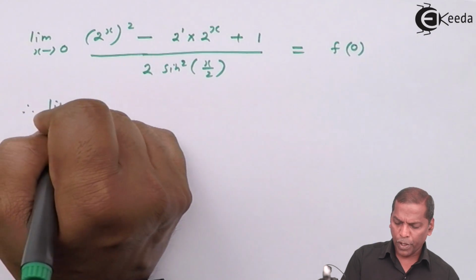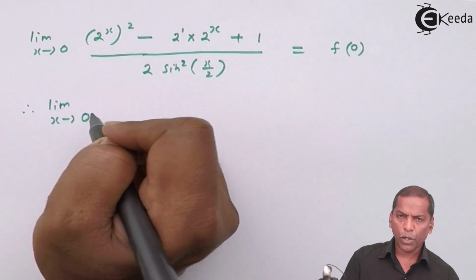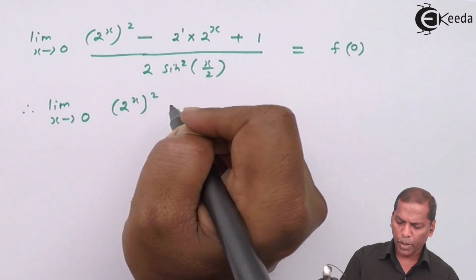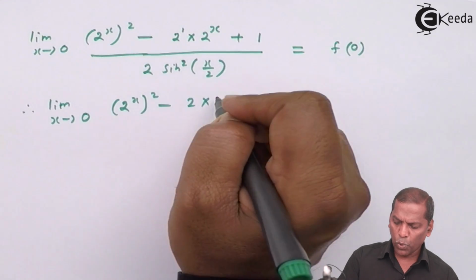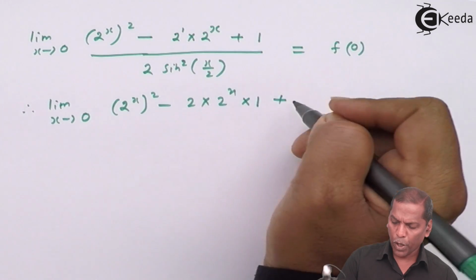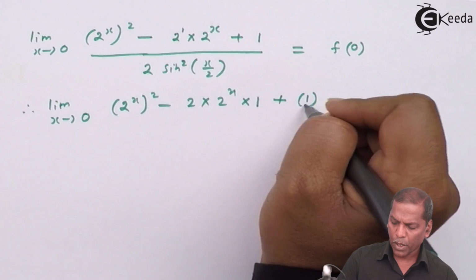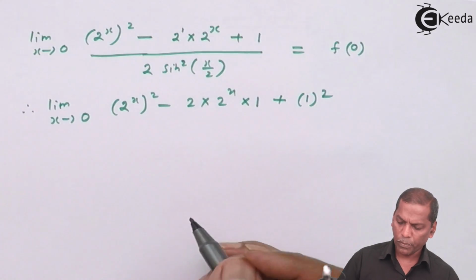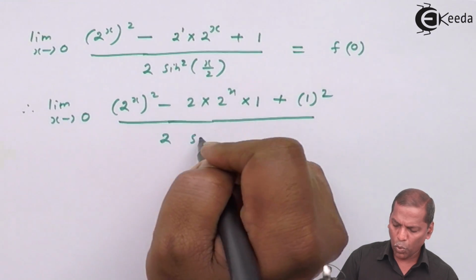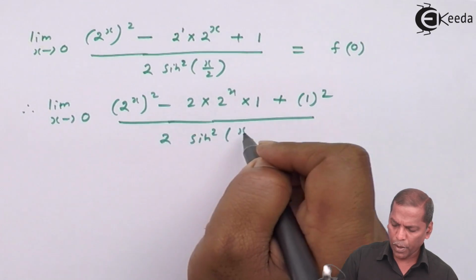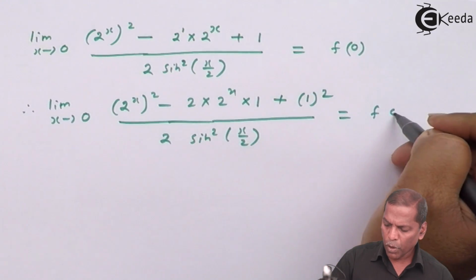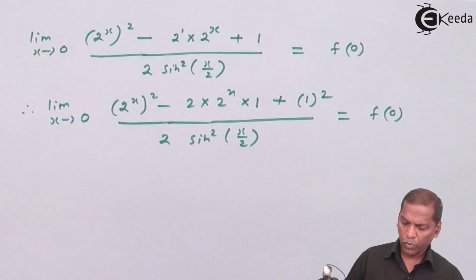So the next step will be limit x tends to 0. In the numerator we write (2^x) the whole square minus 2 into 2^x into 1 plus that 1 can be written as 1 the whole square, upon 2 sin square (x by 2) in the denominator, and is equal to f of 0.